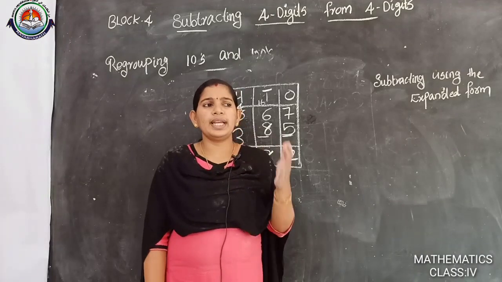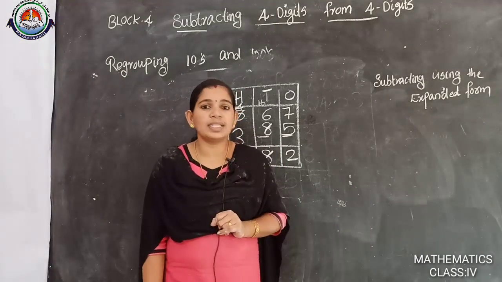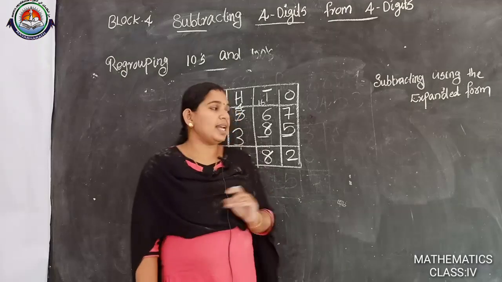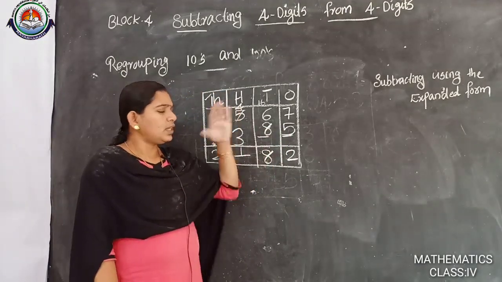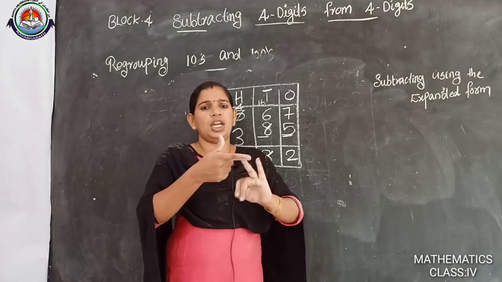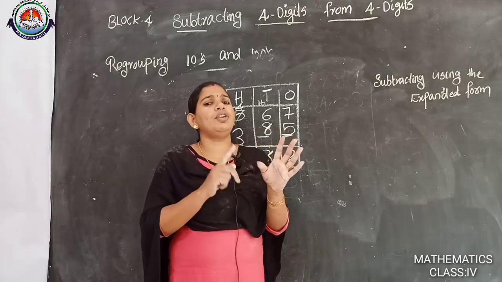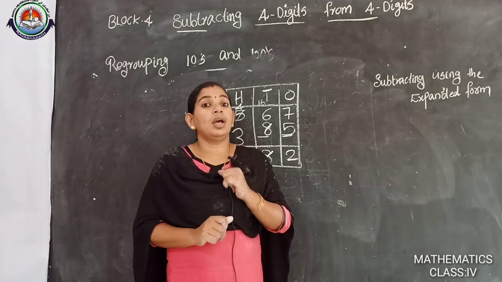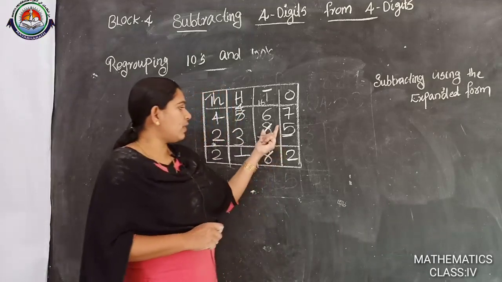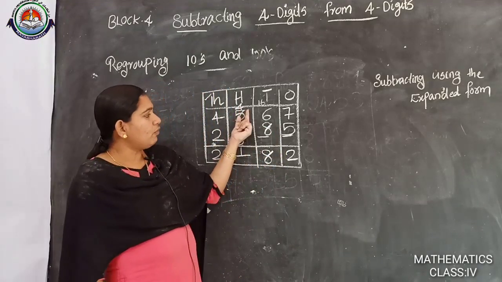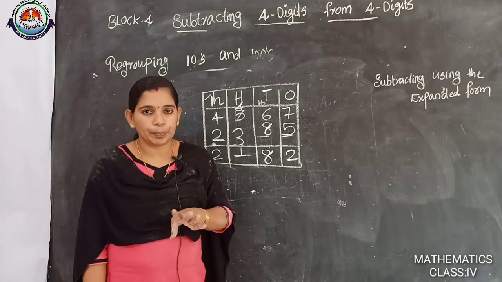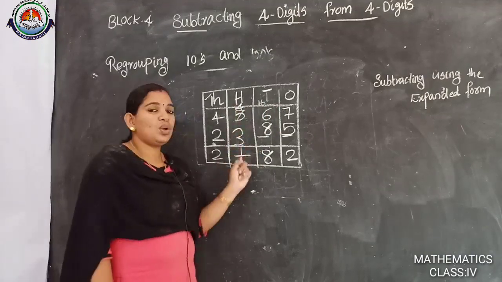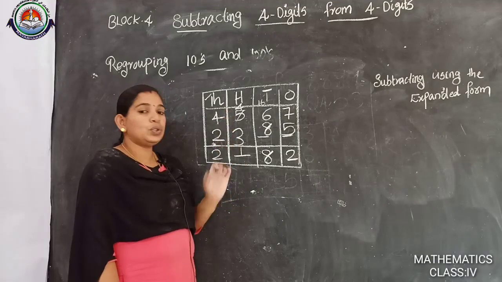No. So that 6 becomes 16 minus some digit is 8. After 8 you count: 9, 10, 11, 12, 13, 14, 15, 16. How many fingers? 8 fingers. So we are writing 8. So we are taking 1 to this digit. So this 5 becomes only 4. 4 minus 3, 1. 4 minus 2, 2.